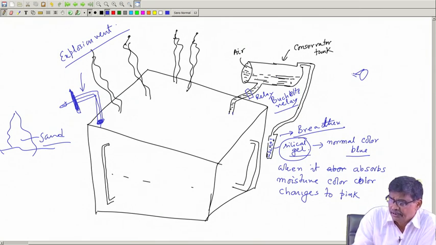So, this in a nutshell will be the general fittings. One is a conservator tank, bushings.